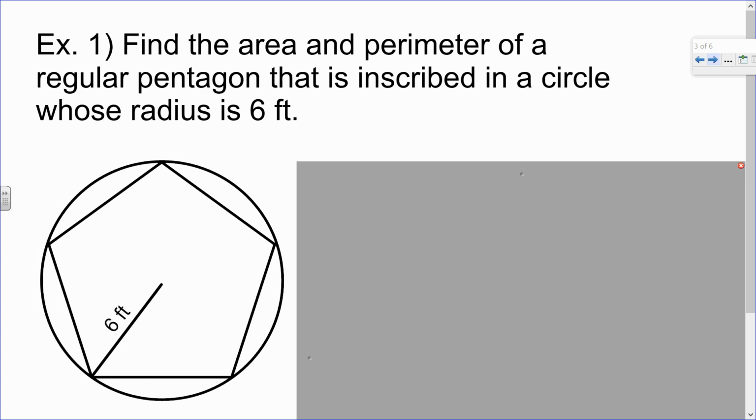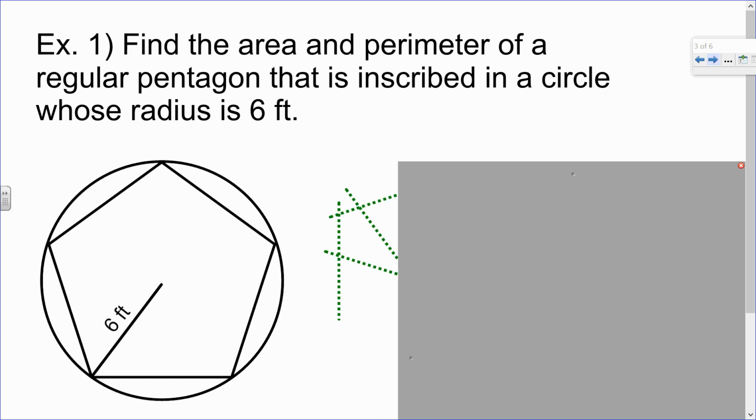So my pentagon. I need area and I need perimeter. I've got 5 sides. I need some help with some strategies for getting that area. Anybody have any thoughts of what we might be able to do to figure out this area? Okay. Whoa, I don't have any triangles. What in the heck are you talking about? Okay, so let's start with that, and then let's decide what we're going to do. So we can break this pentagon up into 5 congruent triangles.